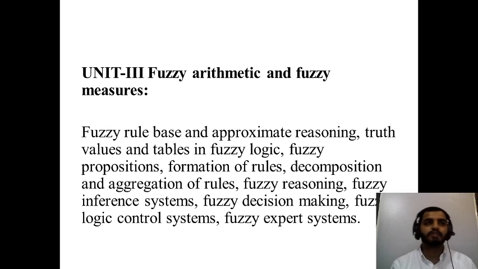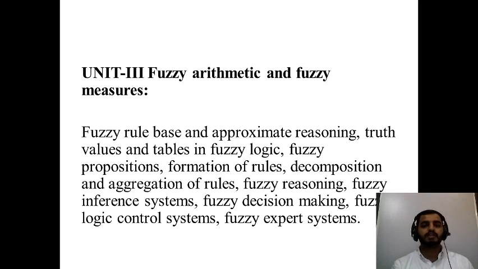So in this chapter, we're going to learn about fuzzy rules based on approximate reasoning, the approximate reasoning that we can make based on the current fuzzy set. There are many such things that can be taken into consideration.